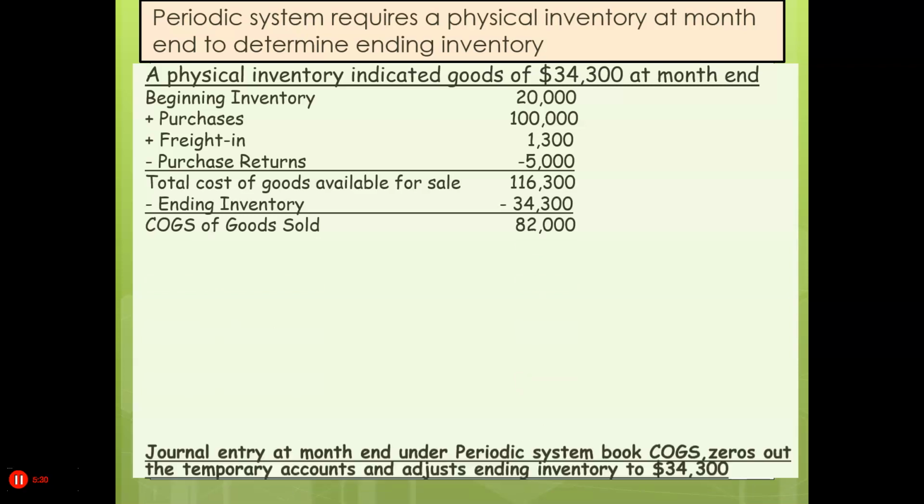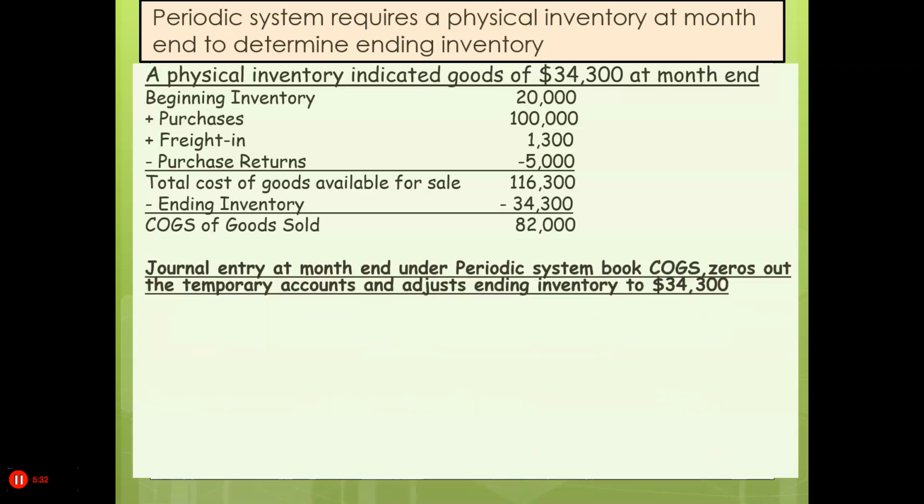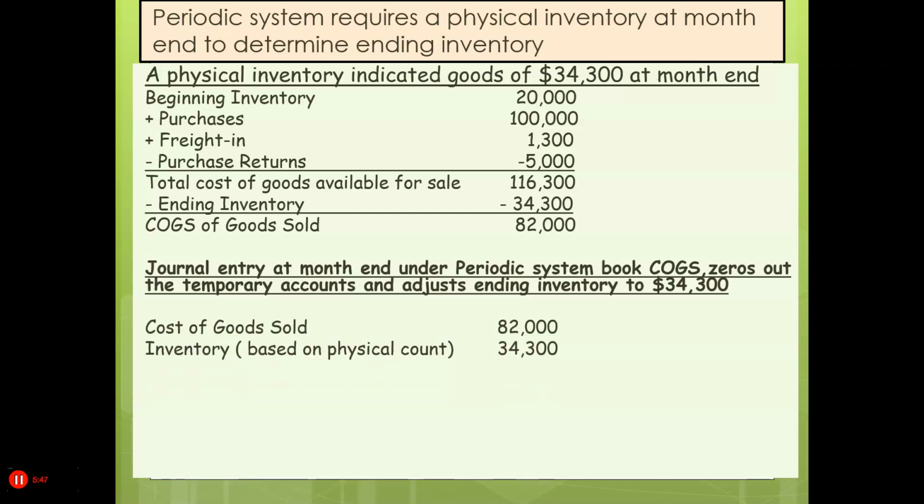Now, what we would do is, at the end of the month, we would zero out our cost of goods sold, book our cost of goods sold, and zero out our temporary accounts, and adjust our ending inventory to $34,300. So, cost of goods sold would be $82,000. We would increase our inventory to our new ending balance.